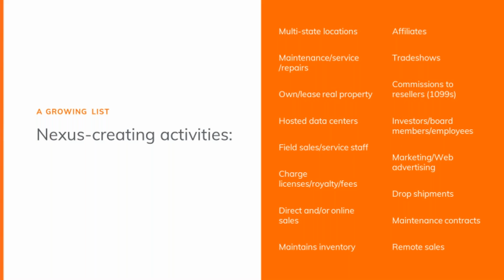So having locations in multiple states, doing maintenance or service or repairs on site with your employees or 1099 contractors, owning or leasing real property or equipment, hosting data centers, doing any type of license or royalty fees, having field sales reps in the area, doing any type of direct sales or online sales where you physically travel there, maintaining inventory in states, attending trade shows, paying commissions to 1099 employees, doing any type of drop shipping scenarios. All of these can potentially trigger or create an obligation for you in a state when it comes to physical presence nexus.